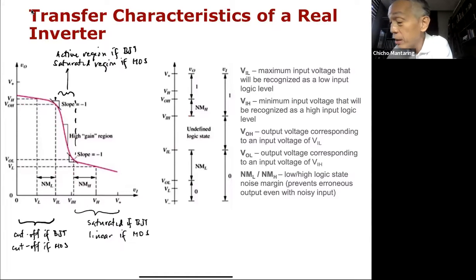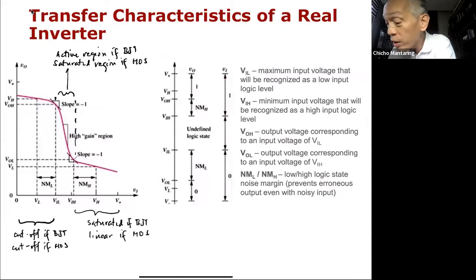Now you have your input here and you have your output here. My one input can be anywhere from VIH all the way to V plus. In other words, anywhere from this value, VIH, to V plus, that would be recognized as a 1.